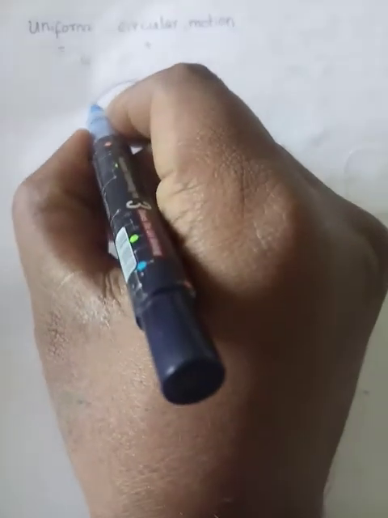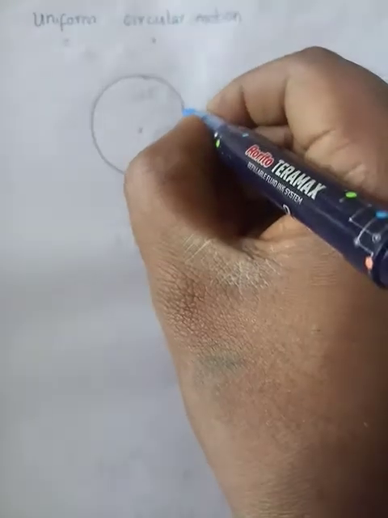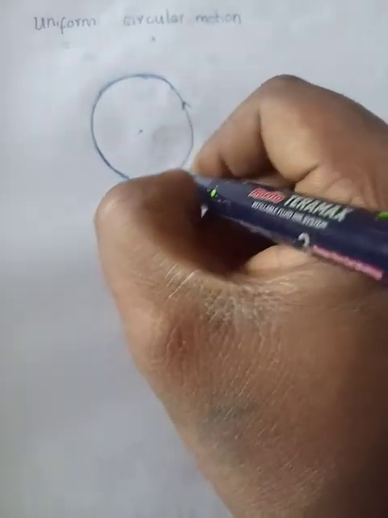So let us take what a circle is. For example, let us take a circular motion. When a particle moves along a circular path, the line joining the particle to the axis of rotation is called what? Radius. For example, there is a particle moving along the circular path with some velocity.